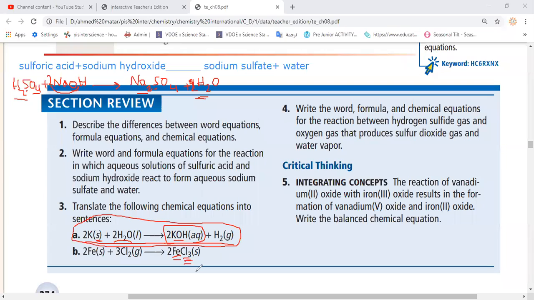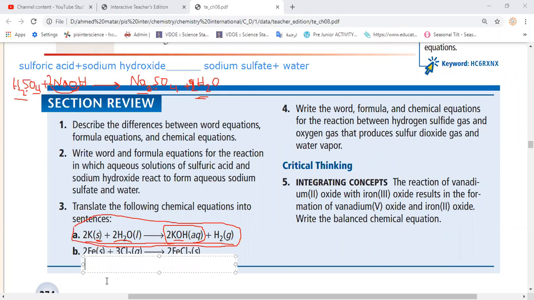Okay, that means 3. So in that case, we're going to say solid iron reacts with chlorine gas to produce iron 3 chloride, solid iron 3 chloride. So we should write it like that, guys. Look with me carefully here.